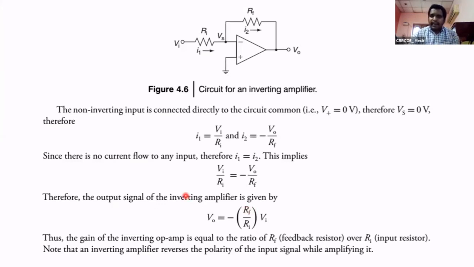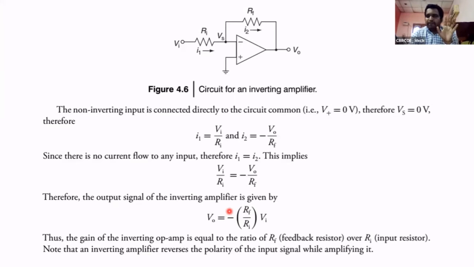Here we are getting a negative output, because we are connecting the input to the inverting terminal. That's why the output is out of phase: for a positive input we get a negative output. That's why it is called an inverting operational amplifier.